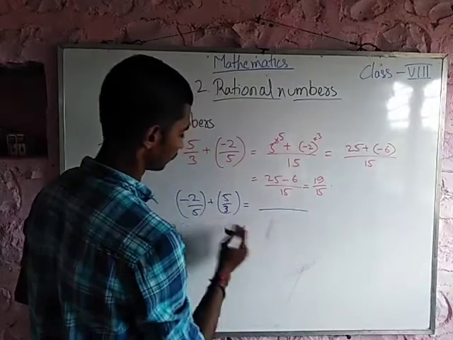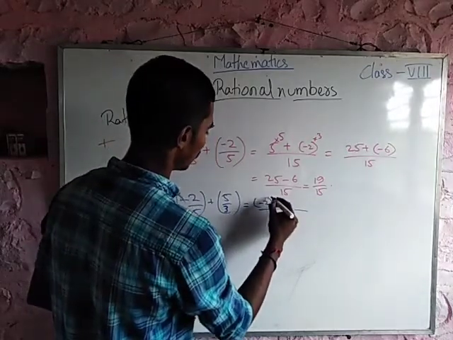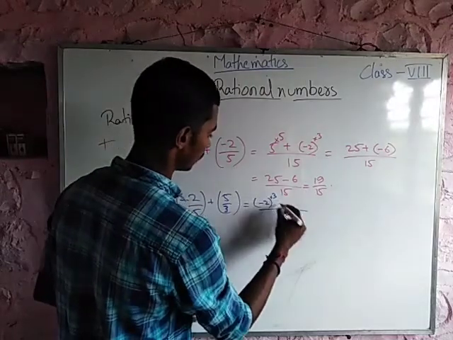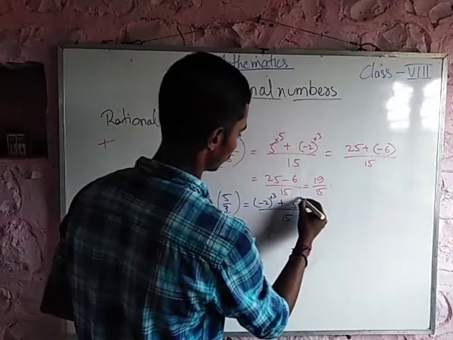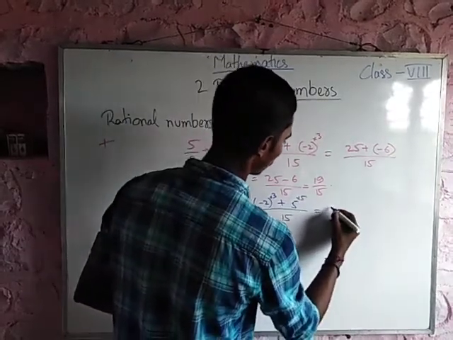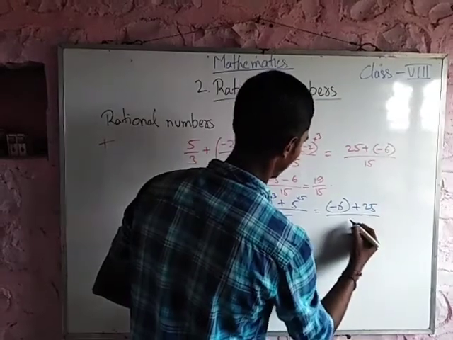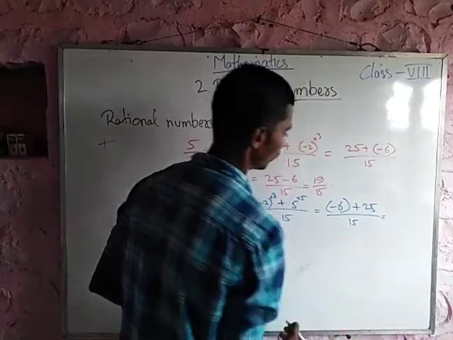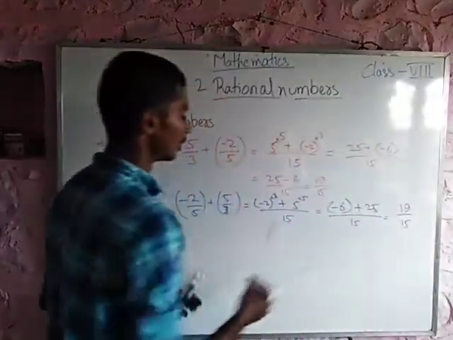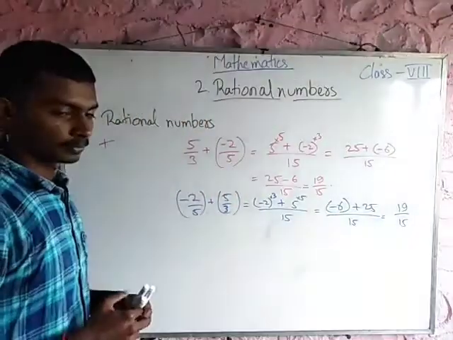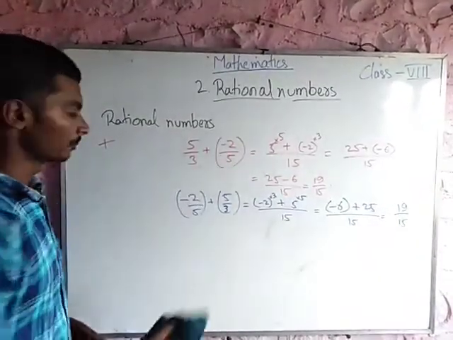Same method. 5 3s are 15, and this is minus 2 into 3 plus 5 into 5 will give me minus 6 plus 25 divided by 15, which is equal to again 19 by 15. See, both the results are same. So what we can conclude? Rational numbers are commutative under addition.